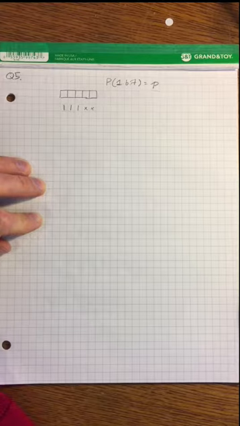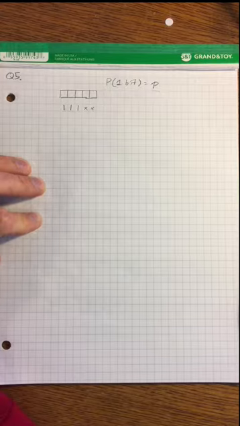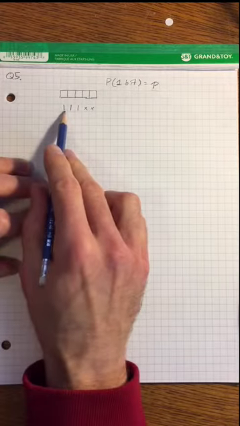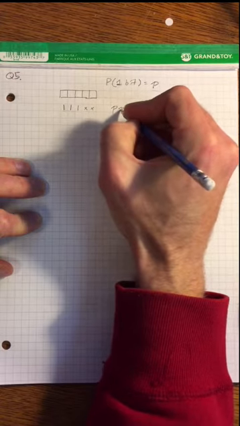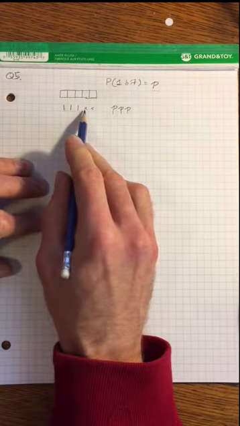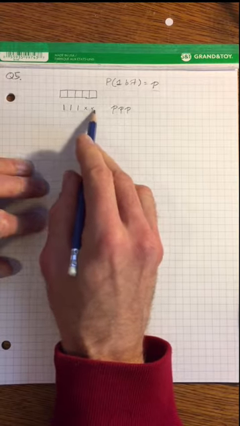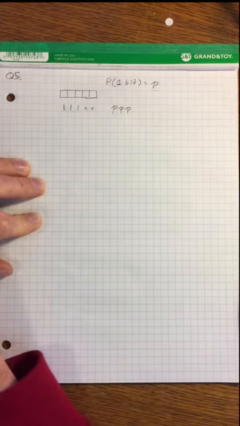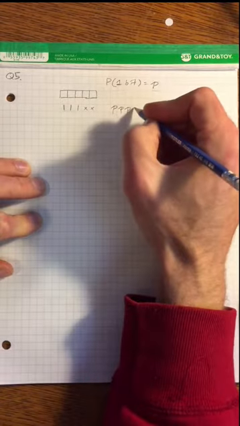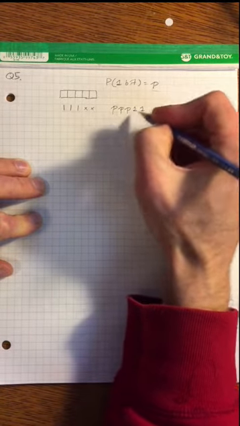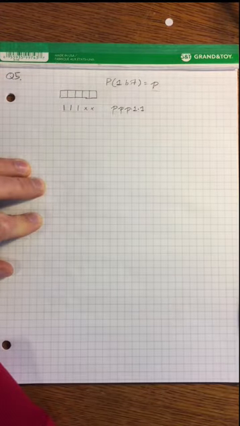If I set it equal to a half right off the bat, then there's just so many halves jumping around that it's sort of hard to follow. So the probability that this sequence occurs is equal to p times p times p. And then what do we put in for the probabilities of these last 2 bits? We don't care what they are. So they could be either a 0 or a 1. And the probability that a bit is equal to 0 or 1 is equal to 1, right? We're guaranteed to get one of those 2 results. And so the probabilities for those last terms are just equal to 1.